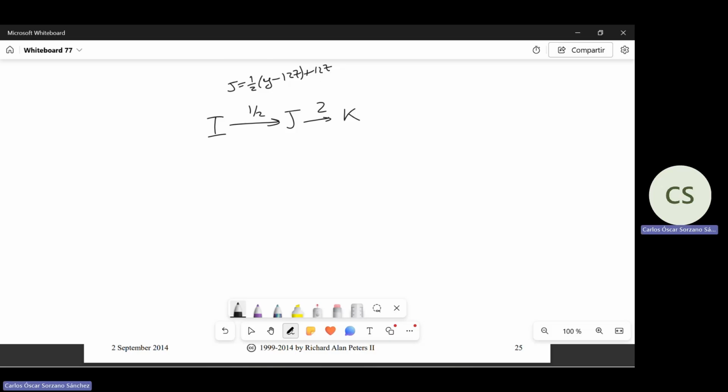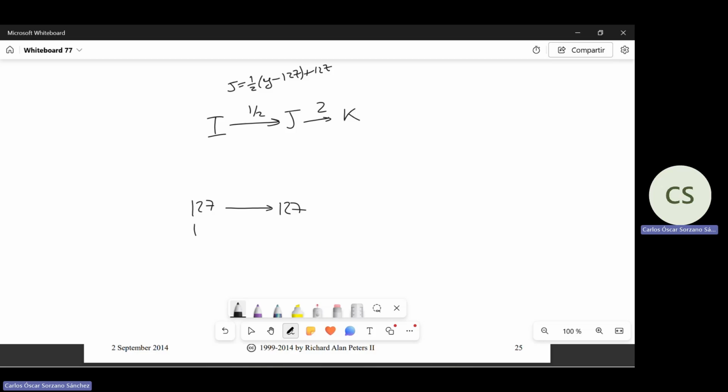Okay, so the idea is you take the difference to 127, you multiply by 1/2, and then you add it back to 127. So let's study what happens around 127. 127 goes through this function, and then it goes to 127 again. You agree? Because the difference is 0, and then 0 times 1/2 is 0, plus 127 is again that number.